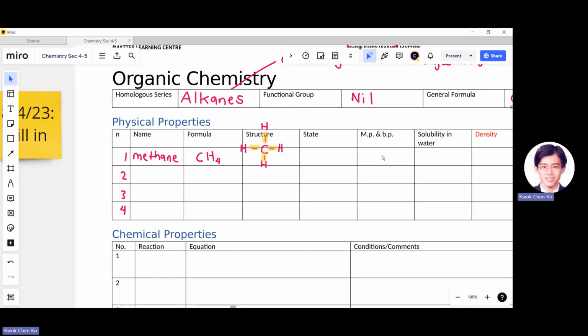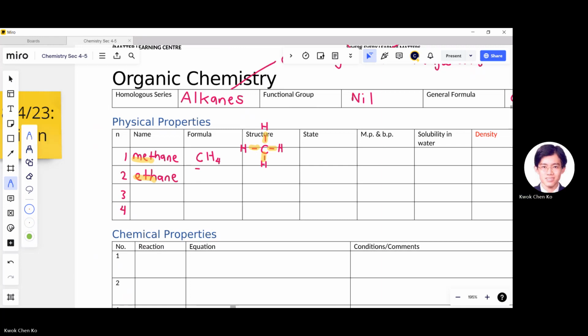Okay, come. Next one, n equals to 2. You need to remember the name. Ethane. By the way, the naming is quite standardized. Meth means 1 carbon, eth means 2 carbons. Later you will notice it.